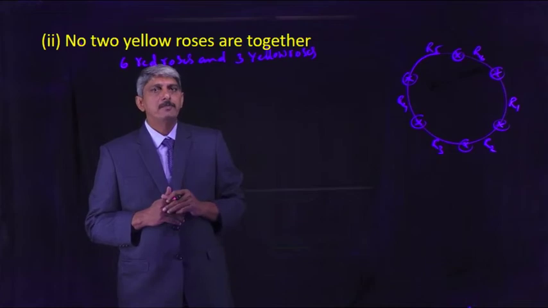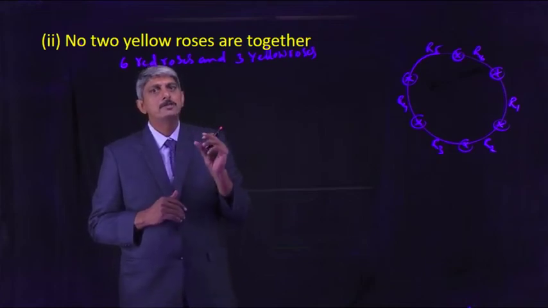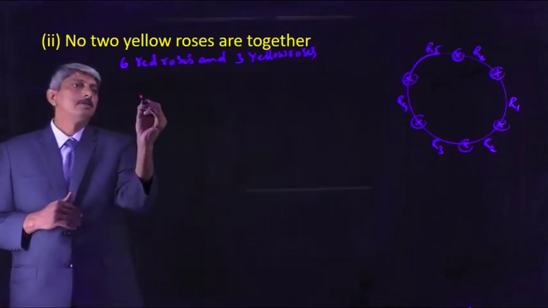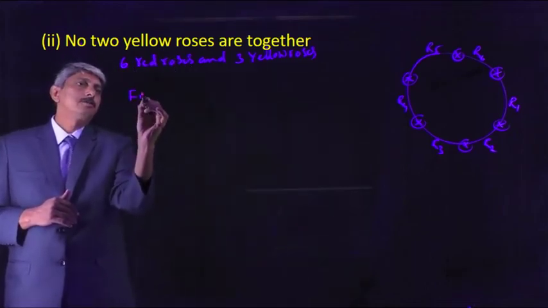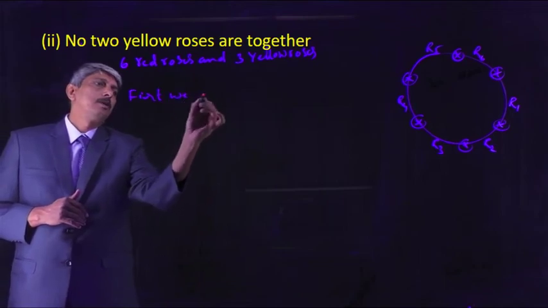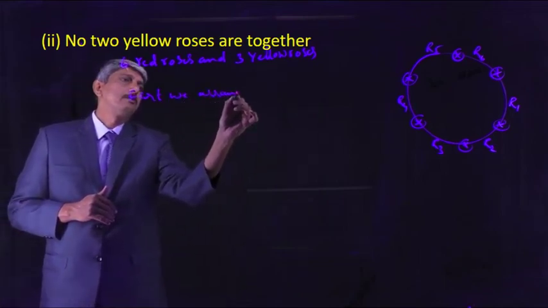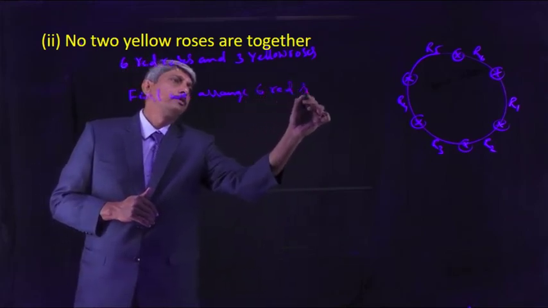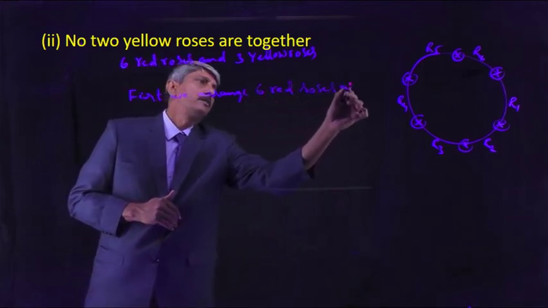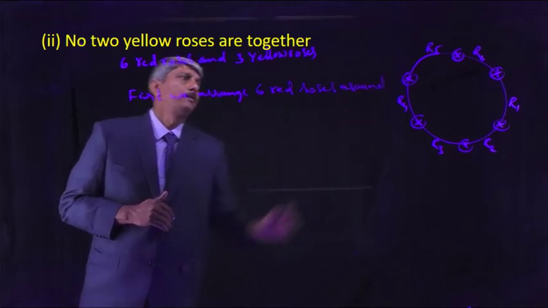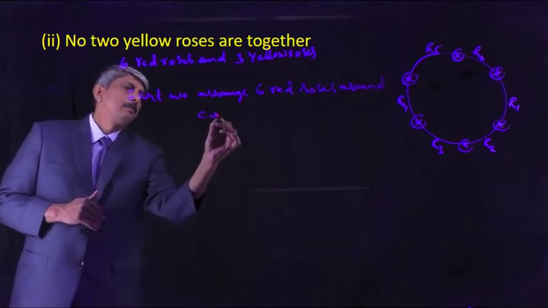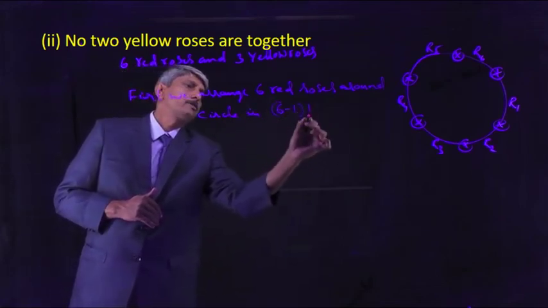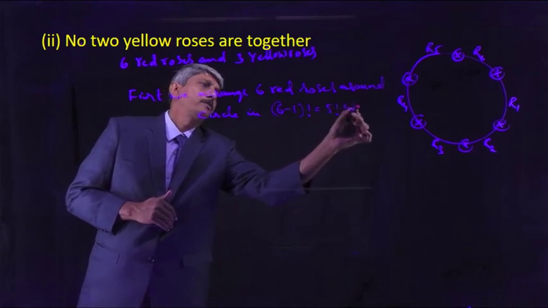So what is the first step? First we arrange the 6 red roses around a circle in 6 minus 1 factorial, that is 5 factorial ways.